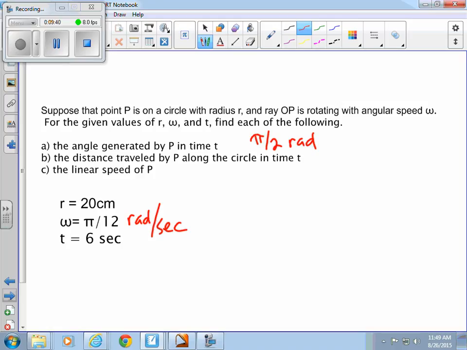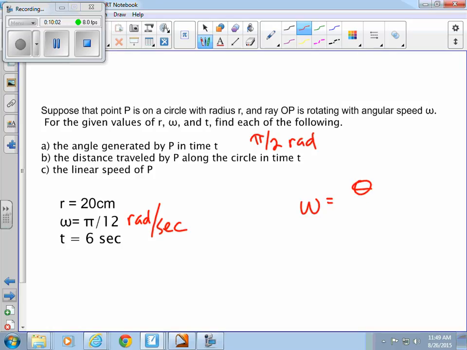Which formula uses omega, the angle, and the time? R theta? Yeah, but that has another variable. I want one with only omega, theta, and t. Angular speed.